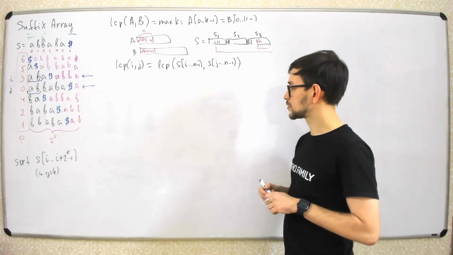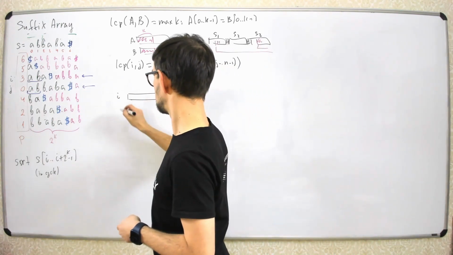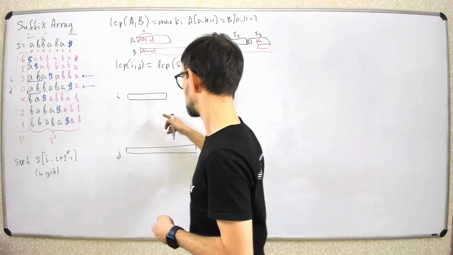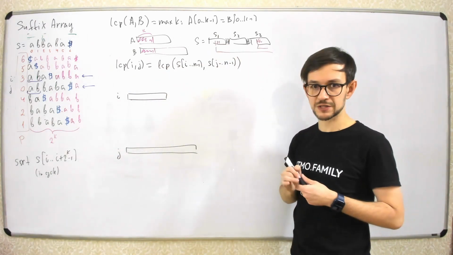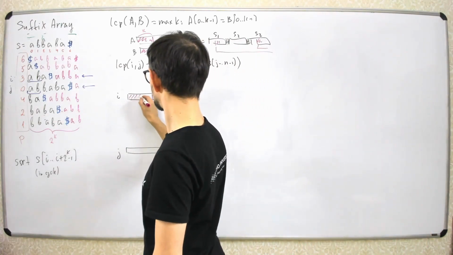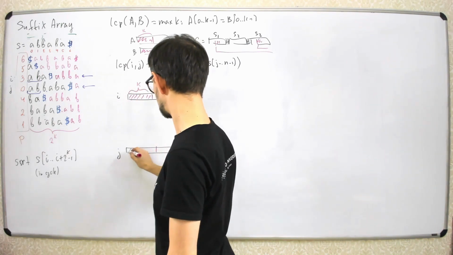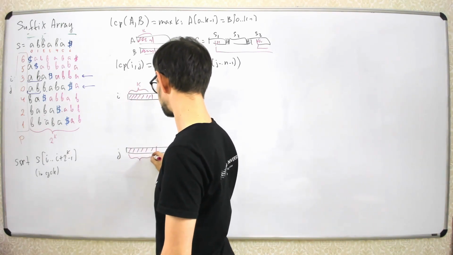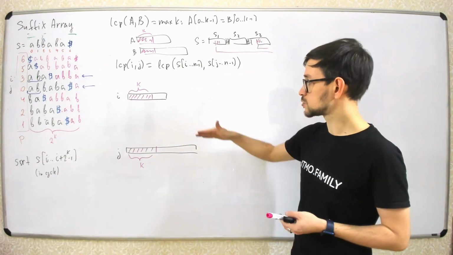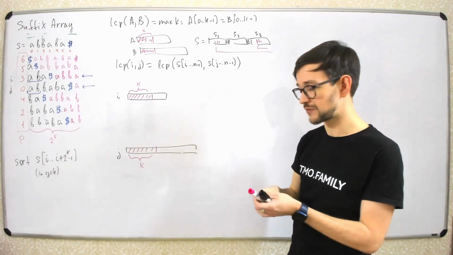And now we do the following trick. Imagine you have the suffix array. This is i, this is j. These two suffixes have some common characters. So the first k characters are the same here and here. Let's look at all suffixes in the middle. Let's look at all suffixes between these two suffixes in the suffix array.